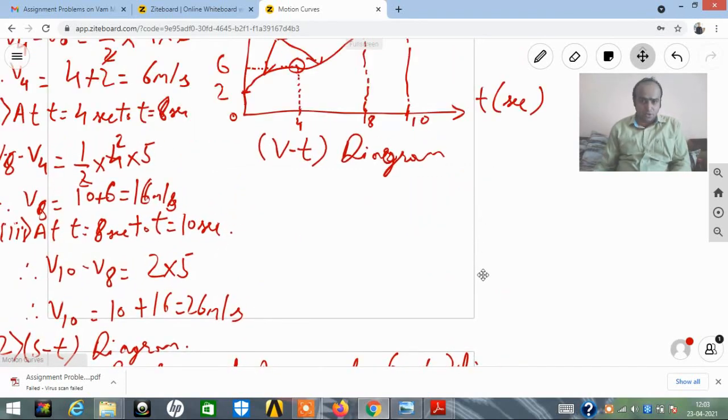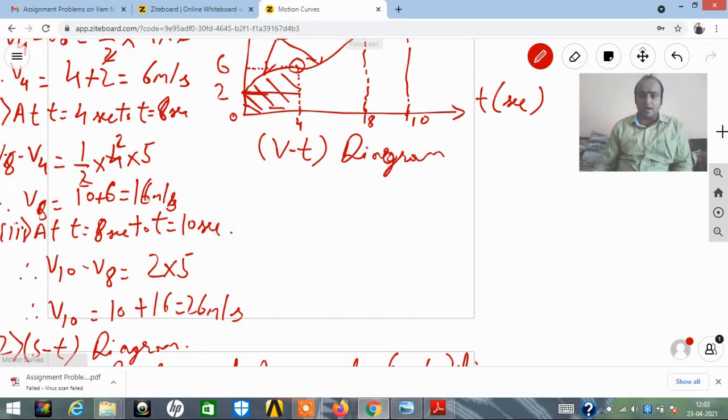Since you all can see it over here, it's a second degree parabolic curve as well as the rectangle, so it will be the addition of this to this. You don't require to shade it in the paper. I'm just doing it for your understanding. This diagram gets divided into two parts. One is this smaller rectangle, and the upper part is this larger area covered by the parabolic curve.